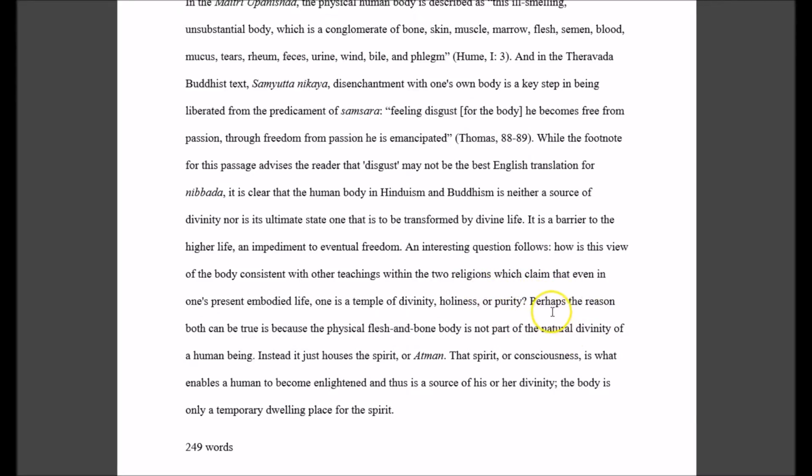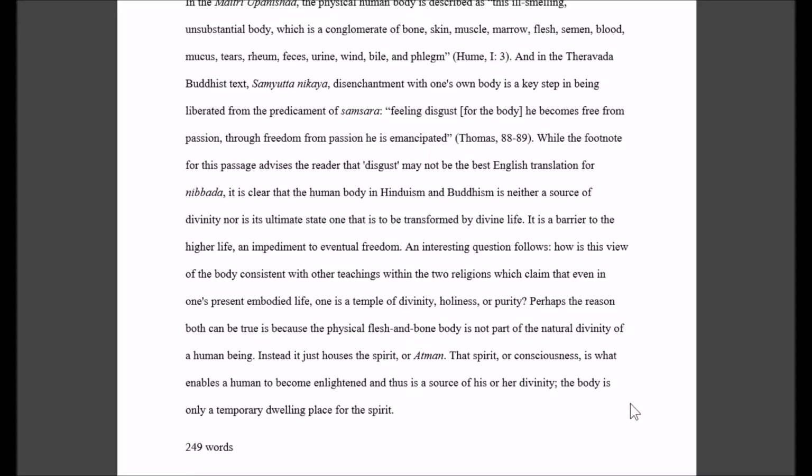I think that's thoughtful. Perhaps the reason both can be true is because the physical flesh and bone body is not part of the natural divinity of a human being. Okay, so that's a really plausible explanation, right? Instead, it just houses the spirit or Atman.